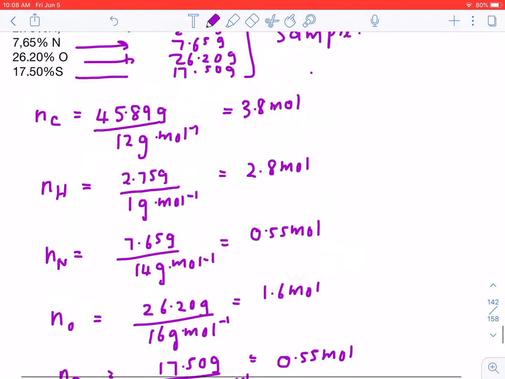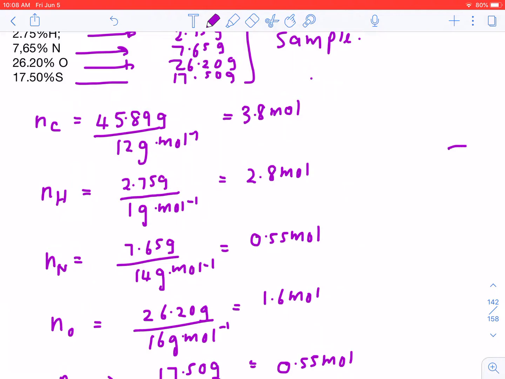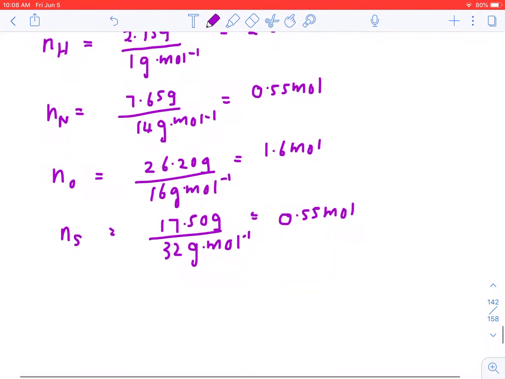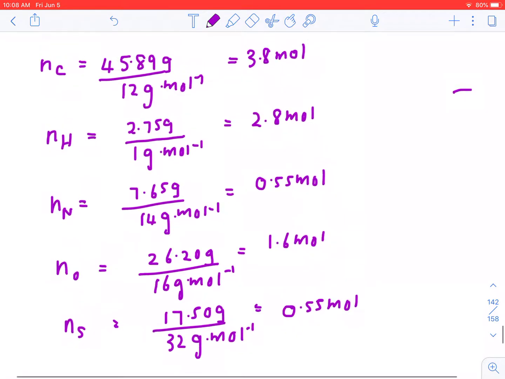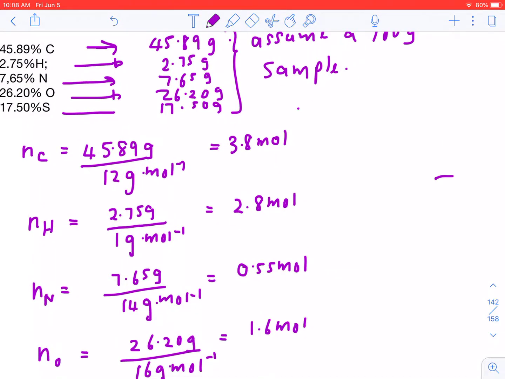Okay, so there we have the respective moles of each one, but we want to now get the simplest ratio. So what do we do? We see our smallest value is 0.55, so we divide throughout by 0.55, right?